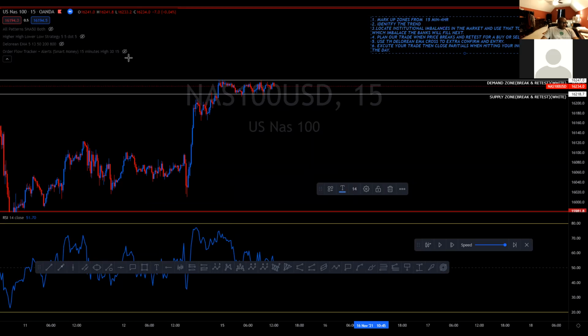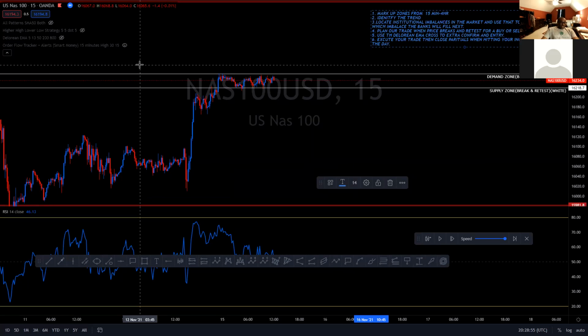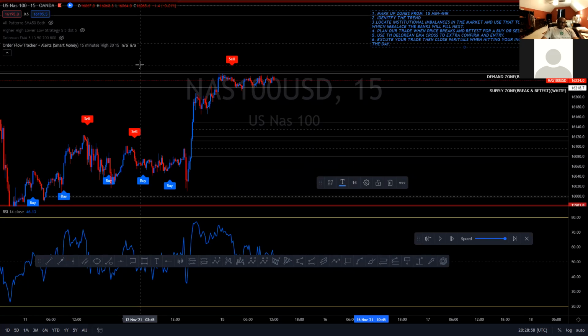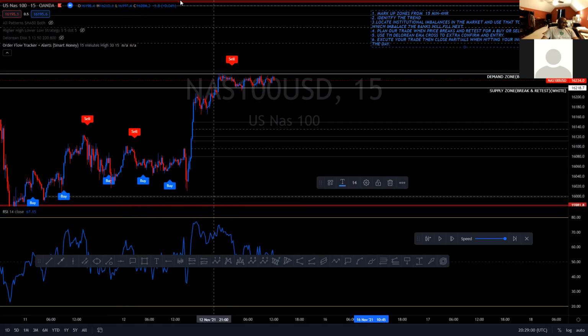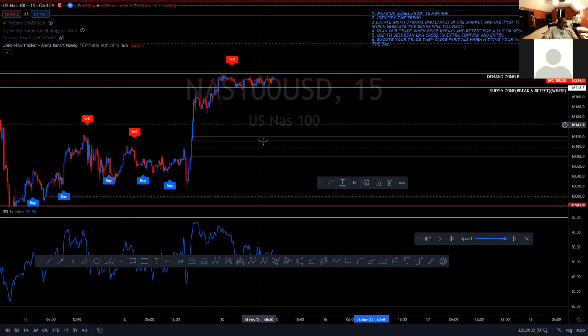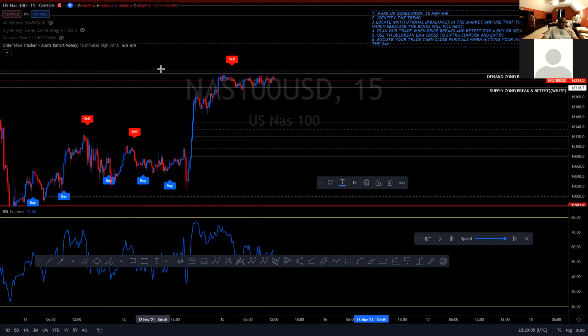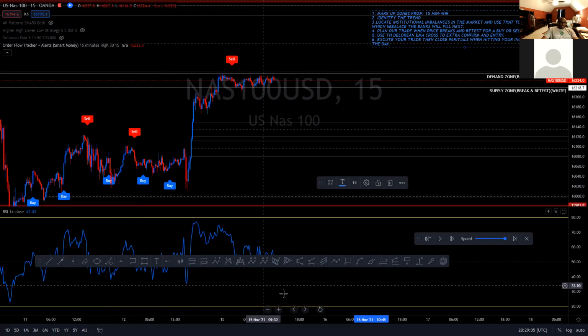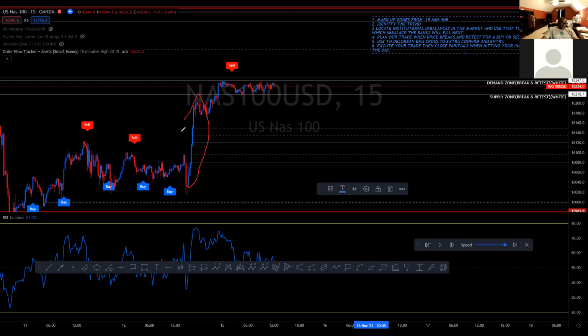Now I'm going to turn on my order block indicator, and this is the indicator that I spent a one-time $7 for. What it does is it helps you to locate order blocks and imbalances. Now, let me explain what imbalances are. So these are imbalanced candles.